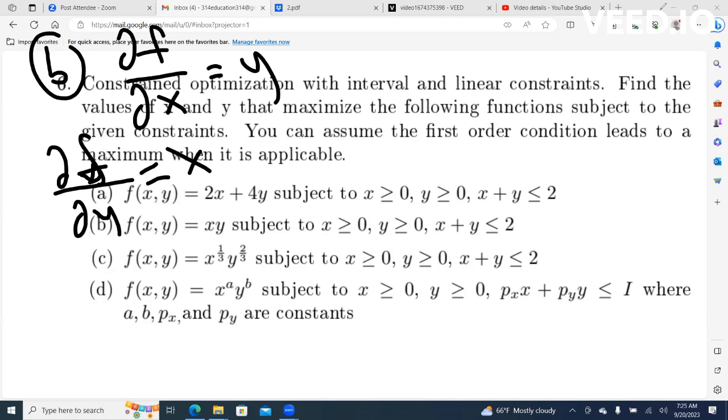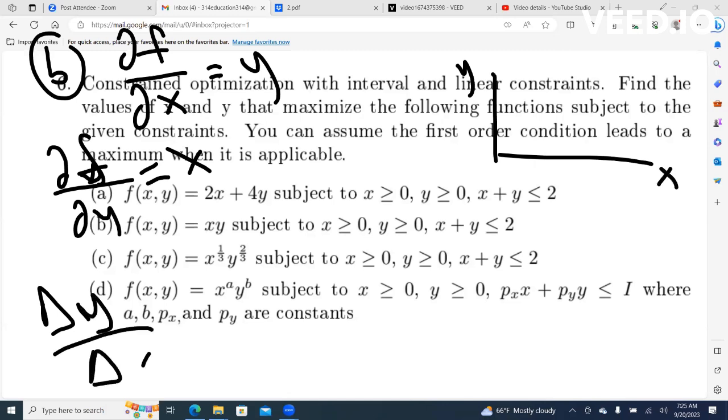So remember the delta x formula, I'm not going to write it because we already wrote it. So this is y times x. It has to be the slope formula of a graph where this is y and this is x. So it has to be delta y over delta x equals negative the flip. The partial of x up top, which is y, and the partial of y on the bottom, which is x.